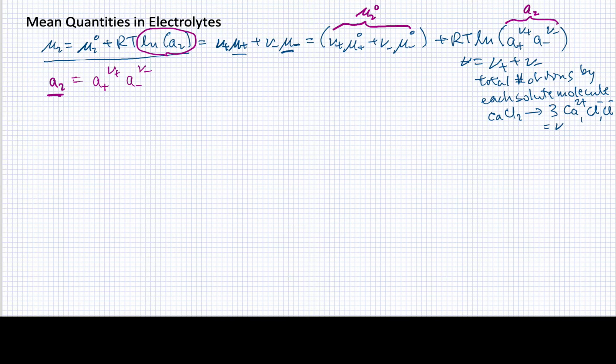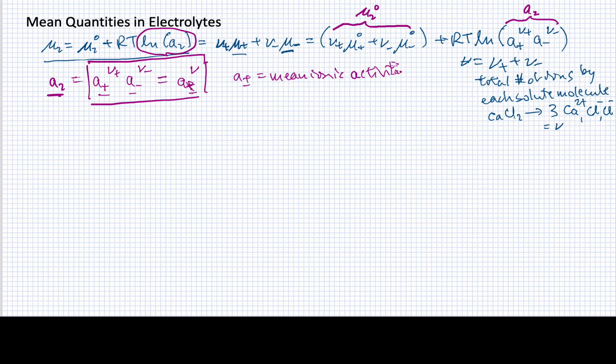Alright, so for this reason, it turns out that it is convenient to describe another quantity, which I'll call A plus or minus, raised to this V. And we're going to set this equal to this interesting function of the two positive and negative ion chemical activities. Now this A plus or minus is something that we're going to call the mean ionic activity.